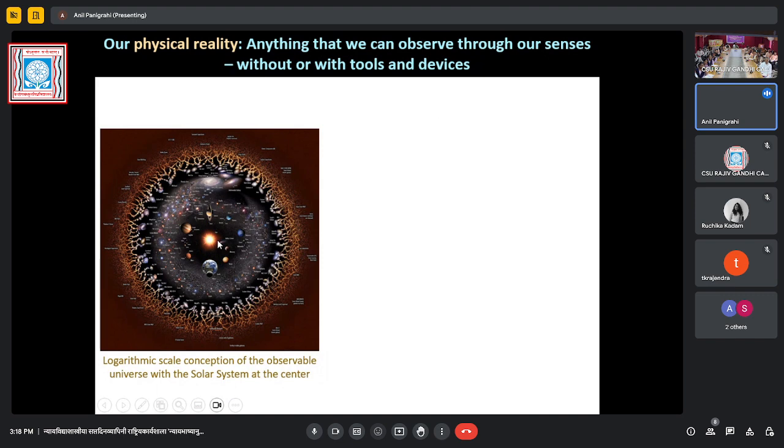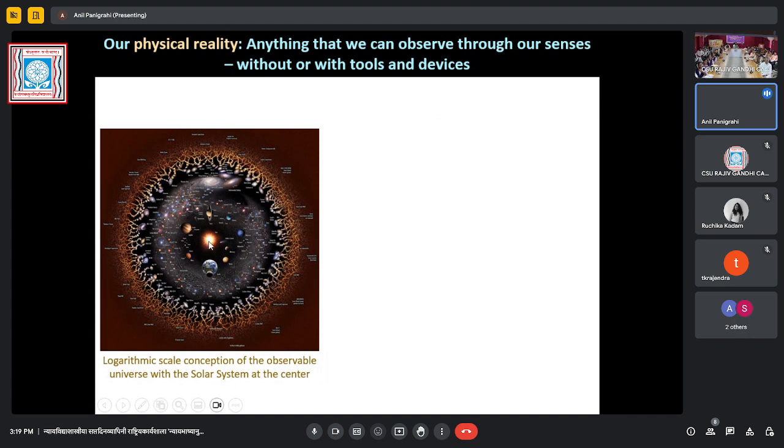And this is a logarithmic scale on each side. That means every next unit is 10 times larger than the previous unit. So suppose 1 millimeter from here, centered on the sun, and this is our solar system.